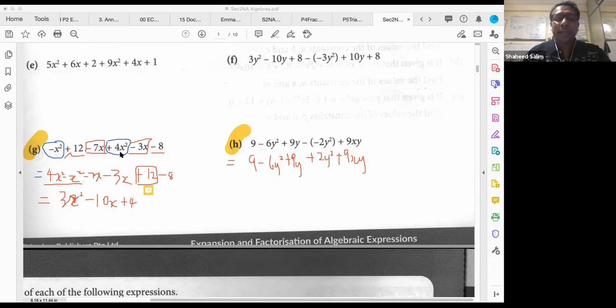Down here, x squared, let's say, is banana split. 4 banana split, owe 1 banana split. You pay up, you got 3 banana split. X, let's say banana. You owe 7 banana, you owe 3 banana, owe 10 banana. You don't just write everything down here, you must simplify. Simplify means you can minus, you minus. You can plus, you plus.